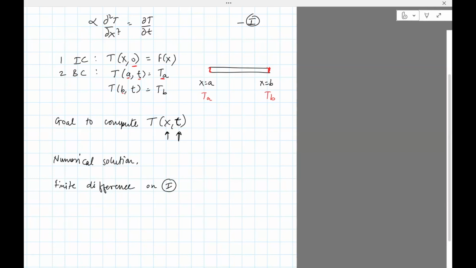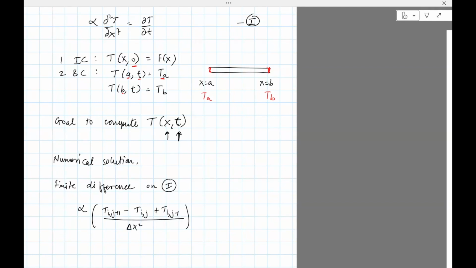And so we use finite difference on 1. So alpha, now we have d squared T by dx squared. I can just use the second order finite difference, the central difference. Here there are two indices, and I'm going to take care of both of them by using two indices for T: T(i, j+1), T(i, j), and so on, divided by delta x squared.